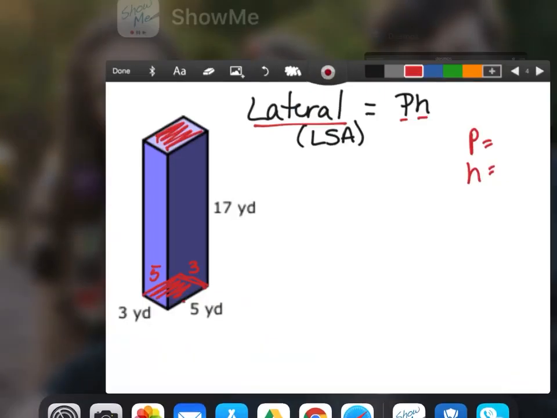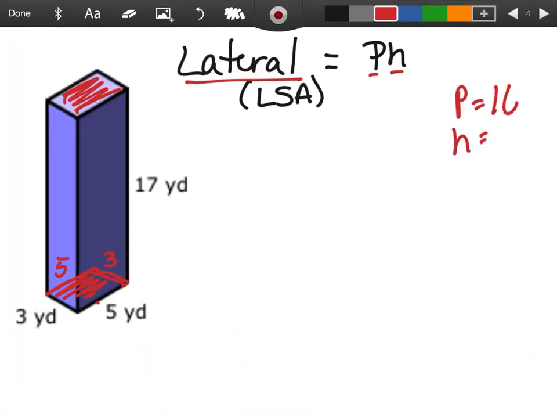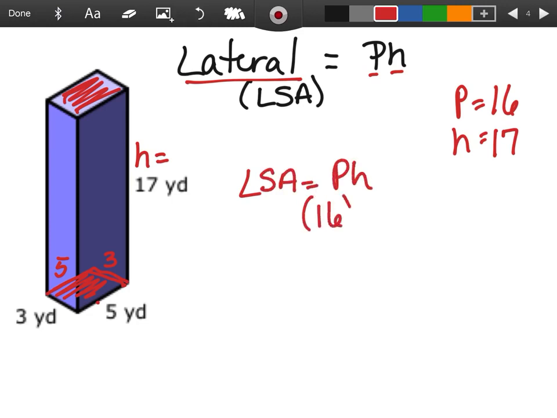I'm going to write it down, that way I make sure I fill in my formula correctly. My H, again, is the distance between my two bases. So my H is 17. Let's fill it in. Lateral surface area is Ph, which means it's 16 times 17.